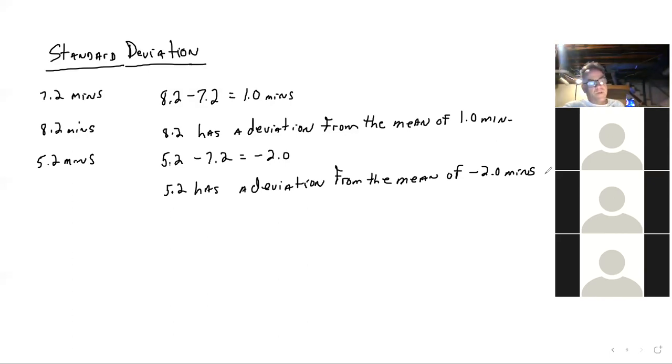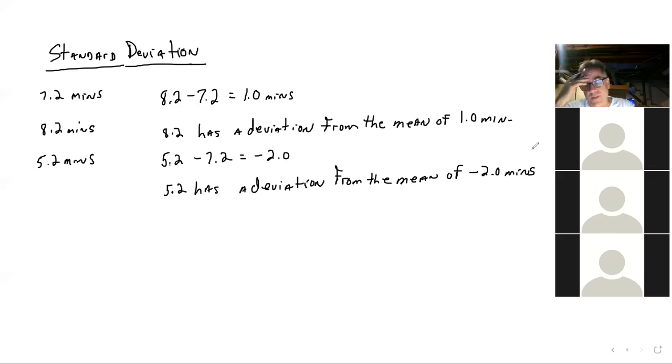So when we look at standard deviation, itself, it's an average of the sizes of the deviations. You could go through each and every piece of data you have in your distribution and find individually what its deviation from the mean was, all of them.